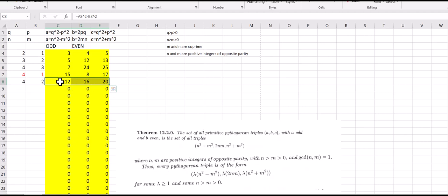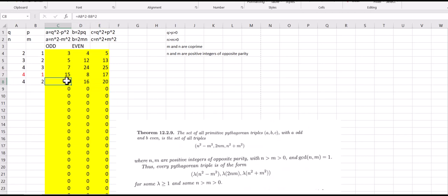This may actually be interpreted as lambda times 3 and then lambda times 4 and then lambda times 5, because this is generated from the primitive Pythagorean triple 3, 4, 5. What is the value of lambda in the case of 12, 16, and 20?